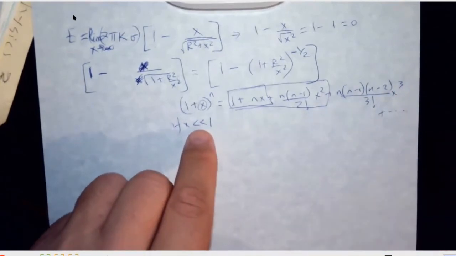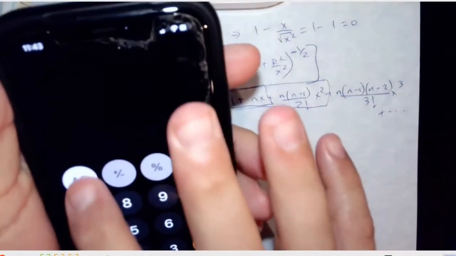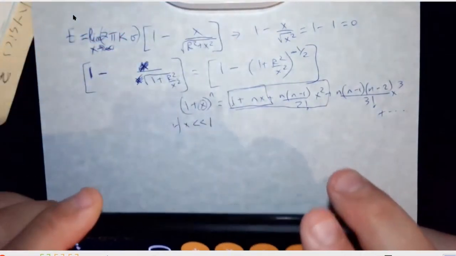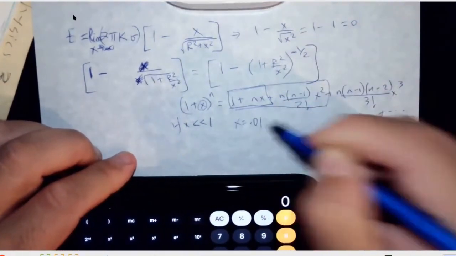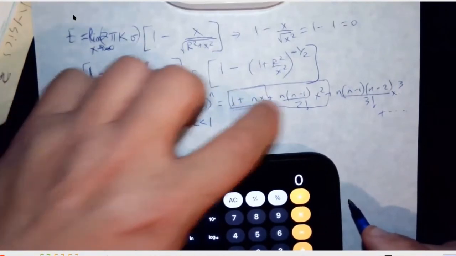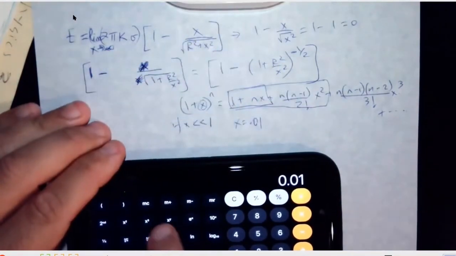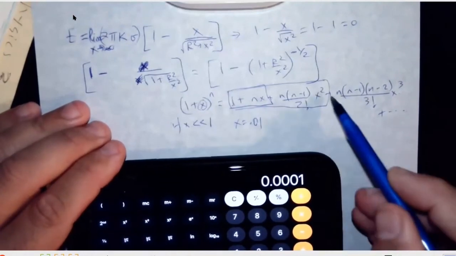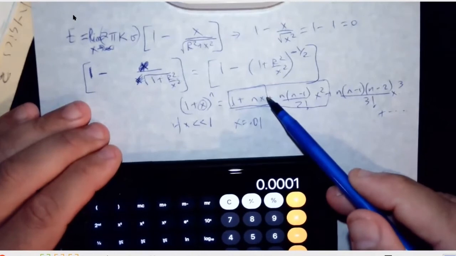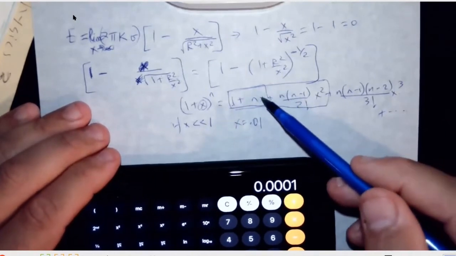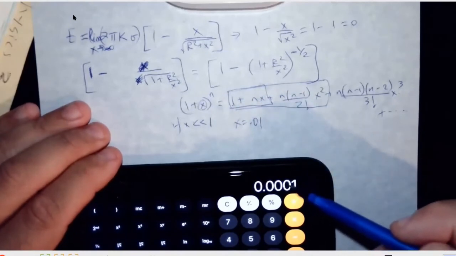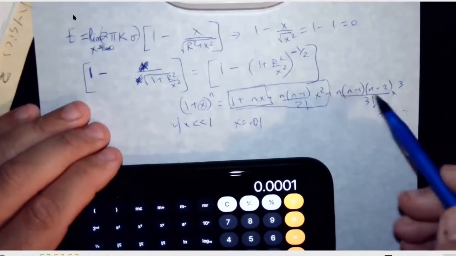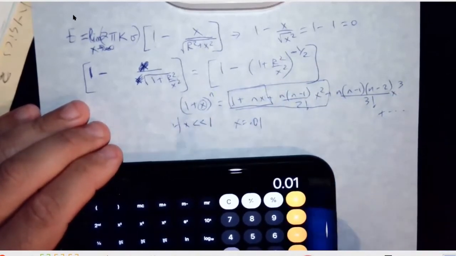Because if x is, let's say, 0.01, a small number, then if you do 0.01 squared, you're going to get 0.0001, you see. So when you add that to 0.01, it's not going to change this considerably. But you could argue that it's still big enough to maybe take into account. But if you go 0.01 cubed, oh, that's so much more negligible, right?